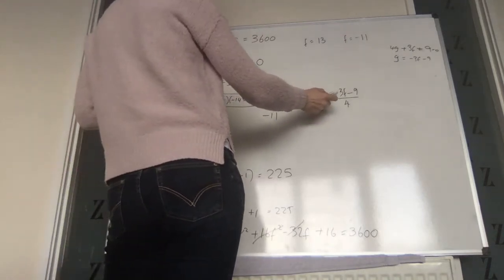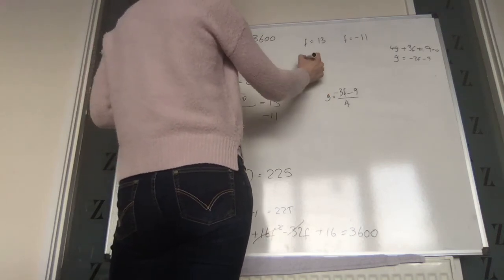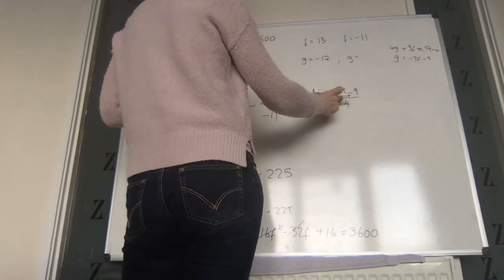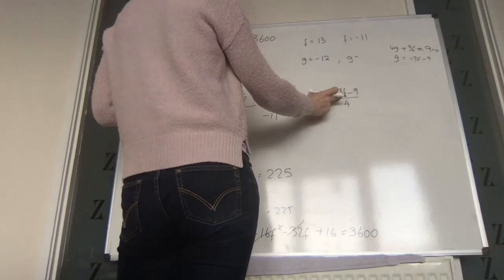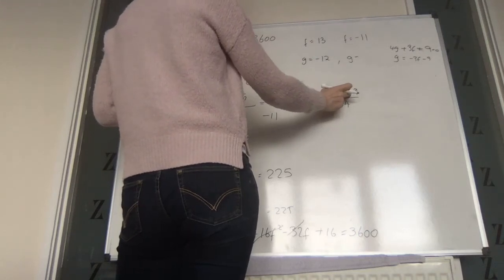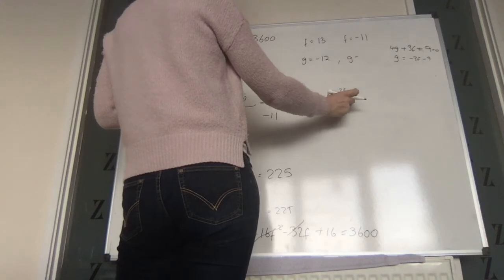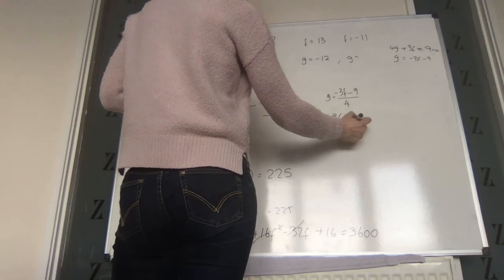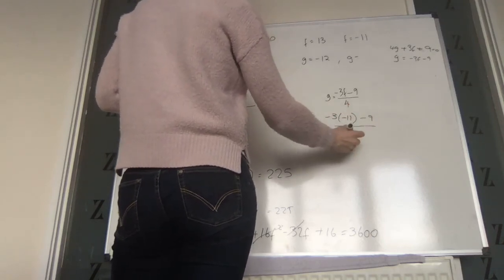So g is minus 39 minus 9, which is minus 48 over 4. So g is minus 12. Or for the other one, putting minus 11 in, minus 3 times minus 11 is plus 33. 33 take away 9 is 22 over 4.